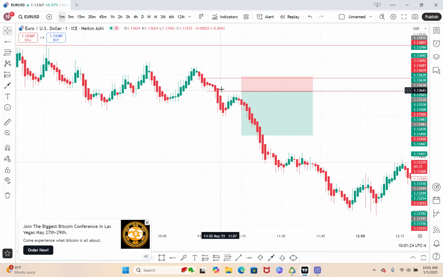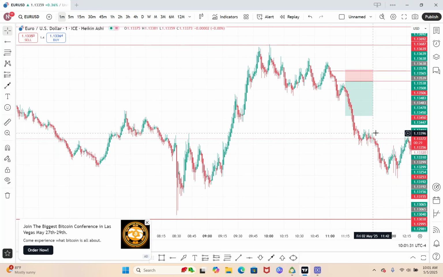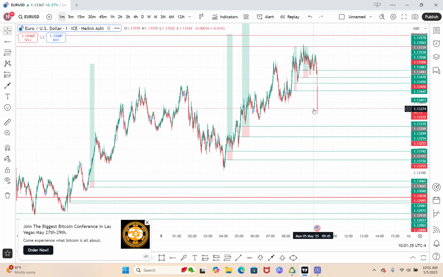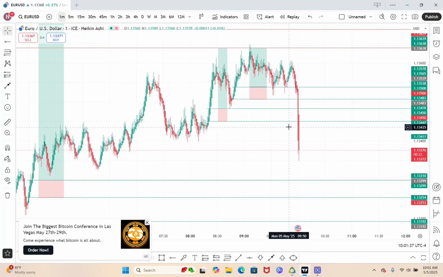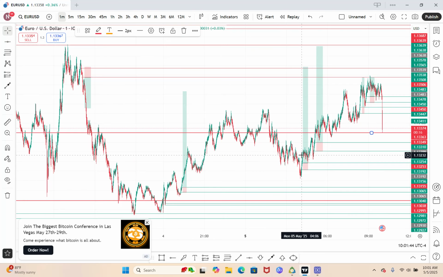Nice area, beautiful trade. Market came back respecting this area. Big trade. Big win. Look how far the market came. Big drop to close the day out.